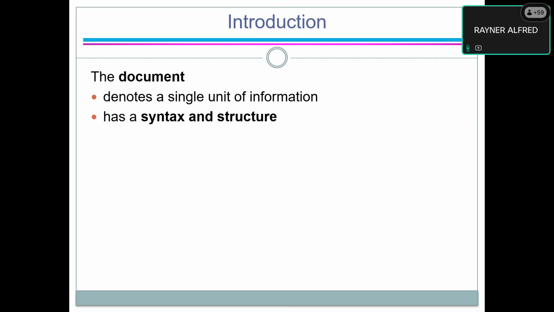The structure refers to what field or what type of information is stored in that particular page. For example, we must know what the topic is, where the location of the topic is, who the author is, and so on. So the structure of the document will tell you where to find that information.